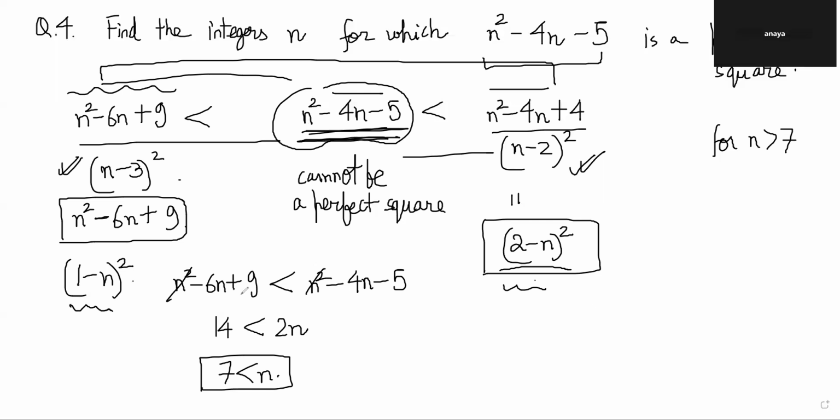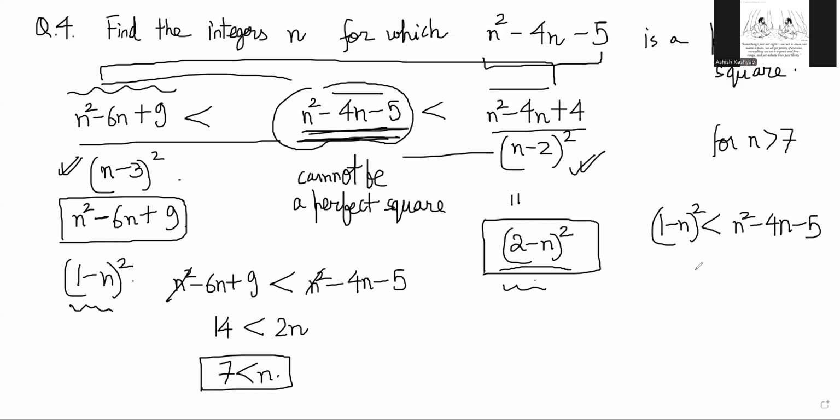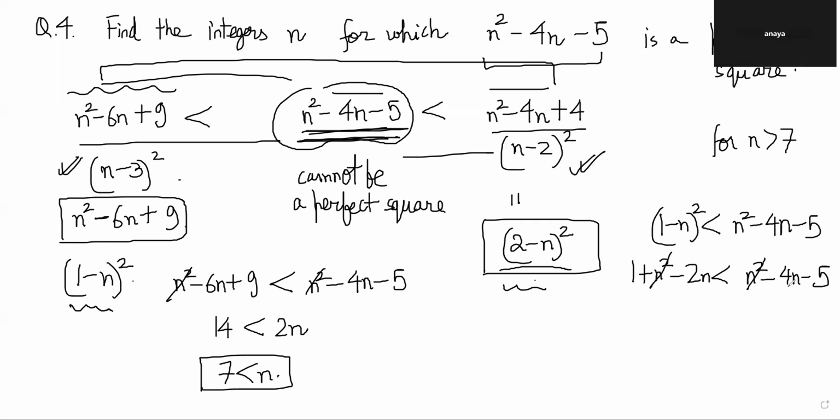So let's do the inequality for 1 minus n square is less than this, because that is not guaranteed yet, right? So it will be 1 plus n square minus 2n is less than n square minus 4n minus 5. So 4n comes this side, 2n is less than, 5 goes that side, less than minus 6.